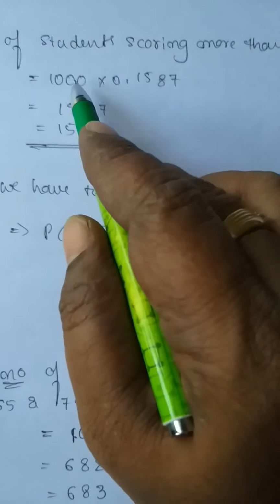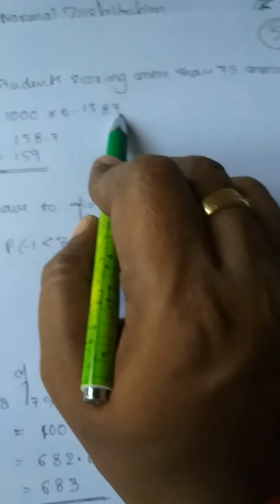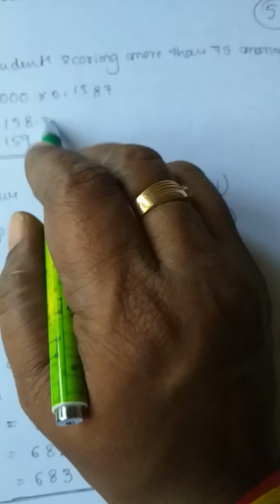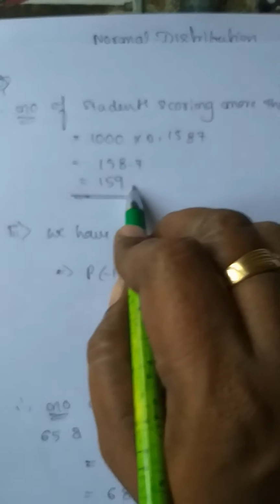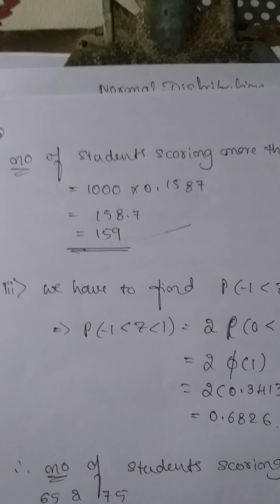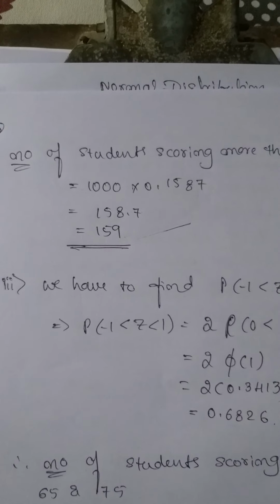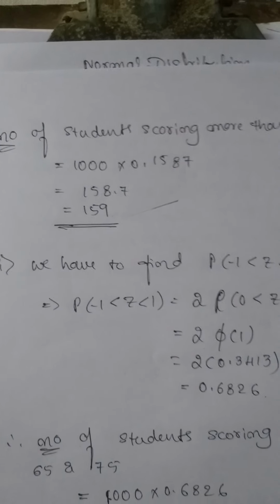Since the number of students is 1000, I can multiply that by the value I've got. With 1000 I get 158.7, so that also can be written as 159. Correct?